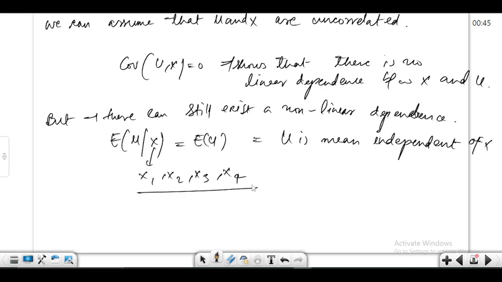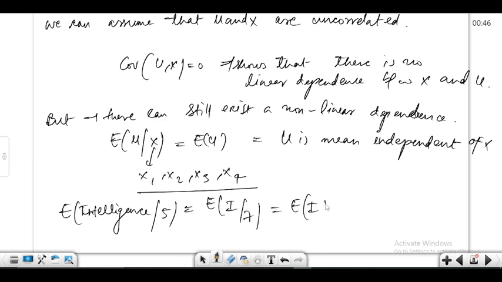Suppose from the example that we had taken, I take the expected value of intelligence given 5 years of schooling. This is equal to the expected value of intelligence given 7 years of schooling, which is equal to the expected value of intelligence given 9 years of schooling, or whatever, and this can go on, and it is equal to the expected value of intelligence for the entire population.